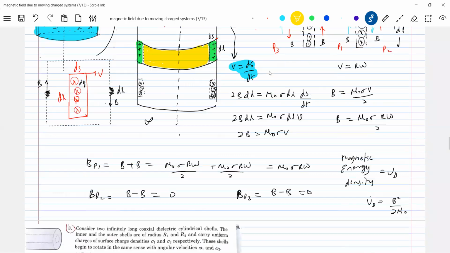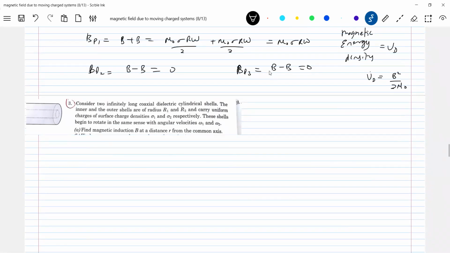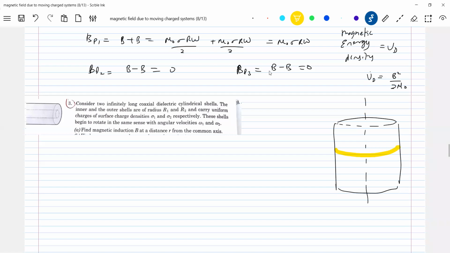So what to try? It is like this. This is a ring. Instead of this strip, you directly take a ring like this, of width dl, and its radius is the radius of the cylinder. So let the charge on this be dq. For a rotating ring, you know what the magnetic field is. Like that you add up.